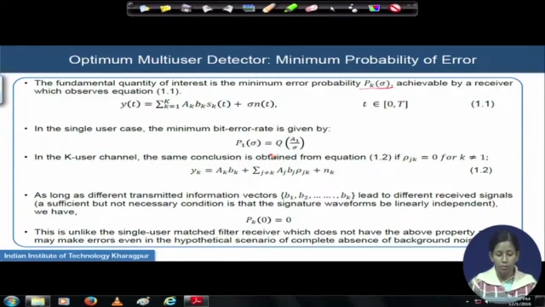This is a very well known expression to all of us, because we always deal with this situation for a conventional receiver where the multiple user concept is off.